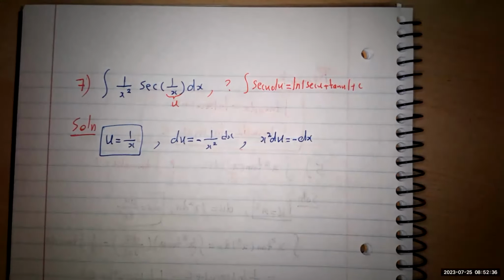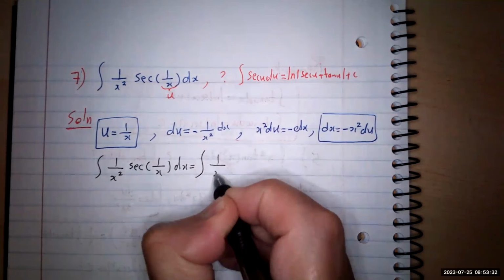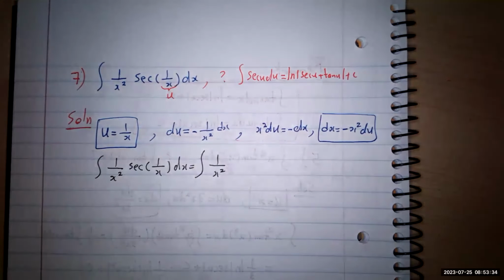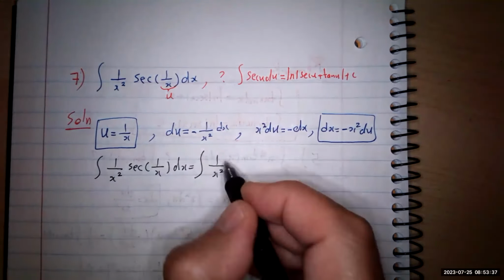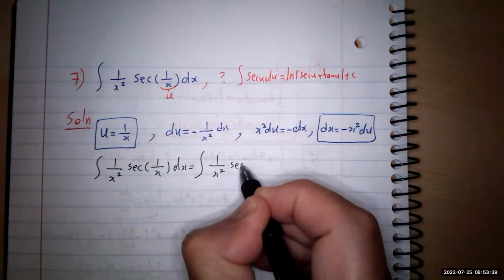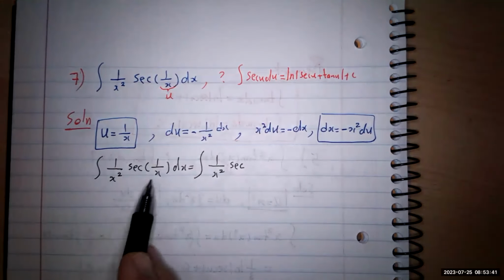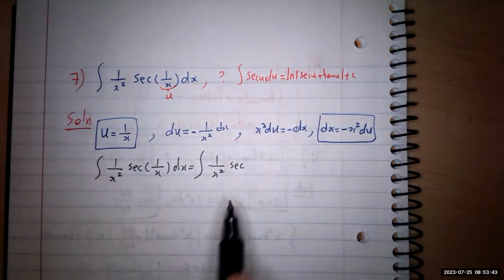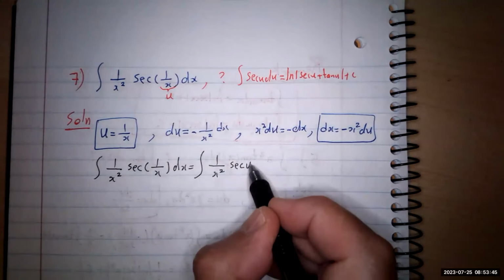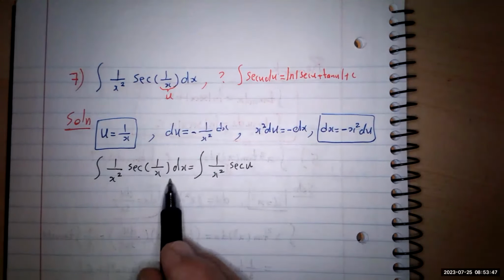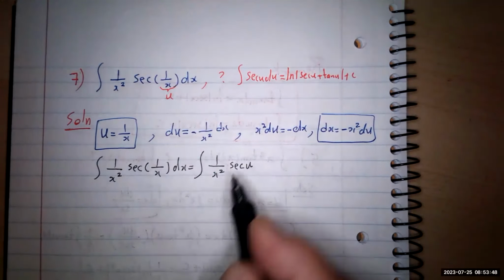Substitute: it's going to be the integral of 1 over x squared. You don't have anything for this one so far. This is going to be secant of 1 over x, which is u. So it's going to be secant of u times dx. What's dx?